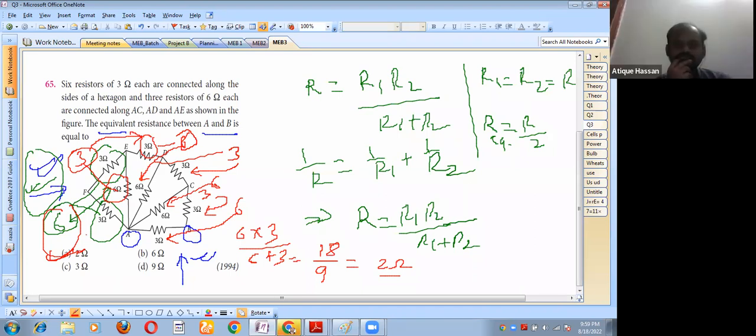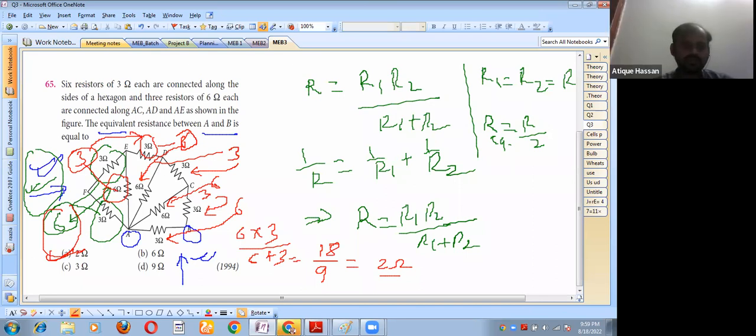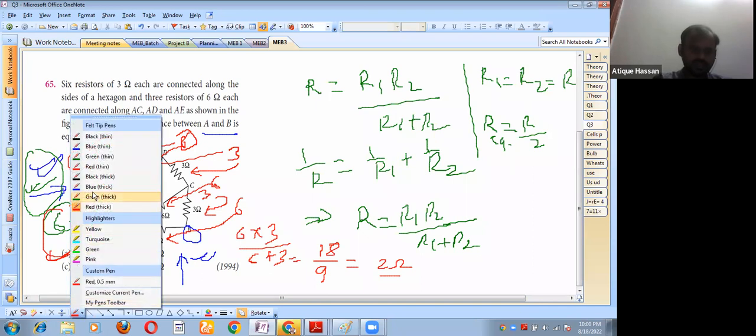Understood this? Yes, sir. So this is the method by which we should proceed. Go from the left side. I will give you one more brief so that you can get it again.